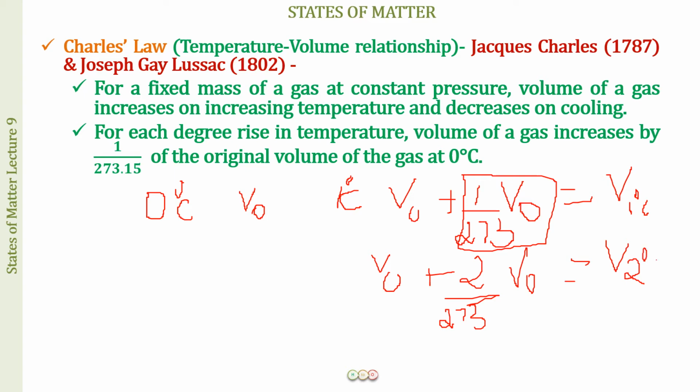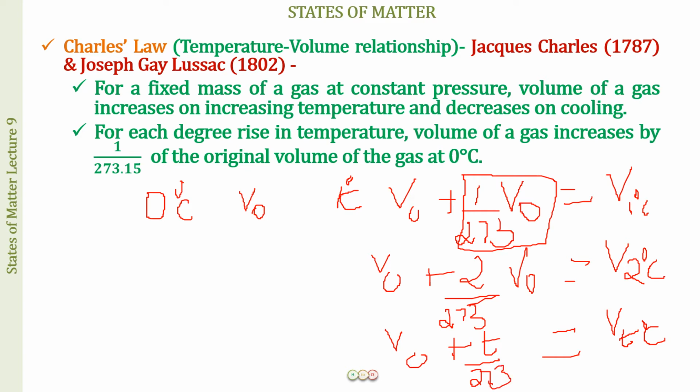Right? Similarly, if I now increase the temperature to 3 degrees Celsius, instead of this 2, I will be putting a 3. So to generalize it, the volume at T degrees Celsius is going to be equal to V naught, the initial volume, plus T by 273 into V naught.